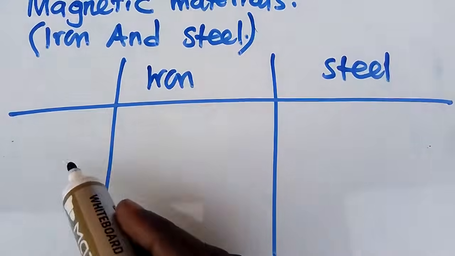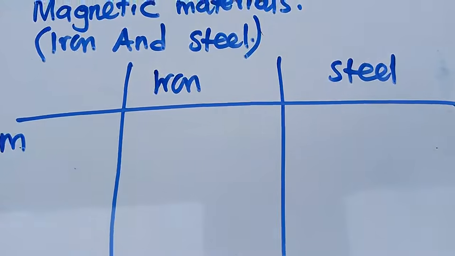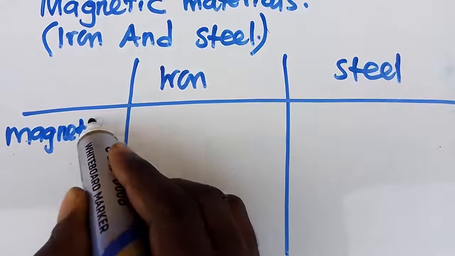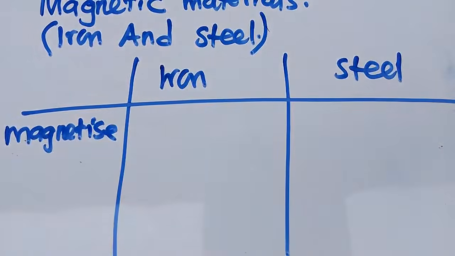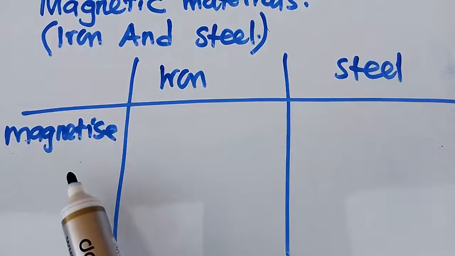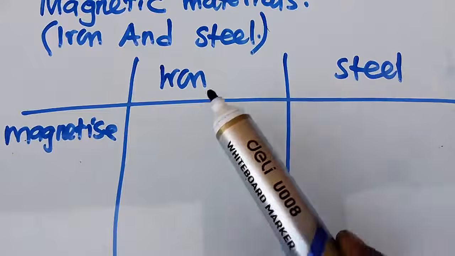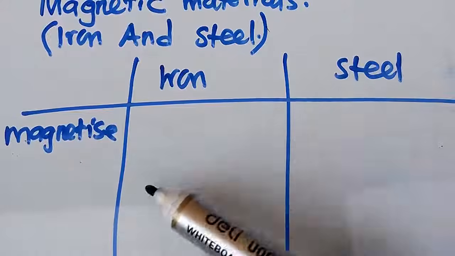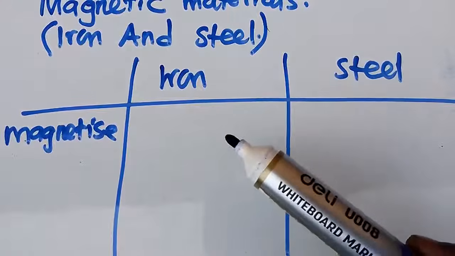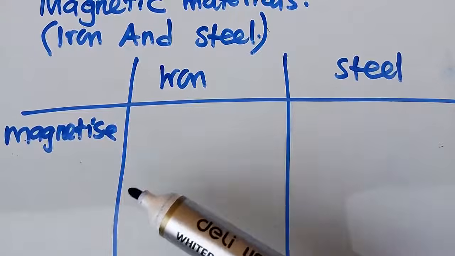Here I'm going to write magnetize. What I mean is, how are iron and steel when we want to magnetize them? To magnetize is to make a magnet. So how do they behave when we want to make these two magnets?